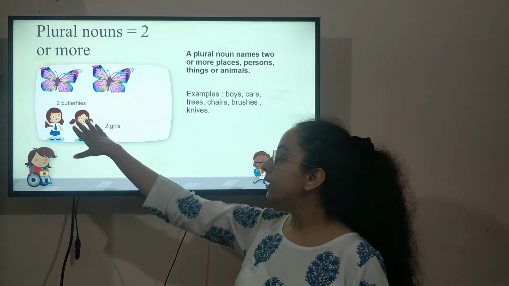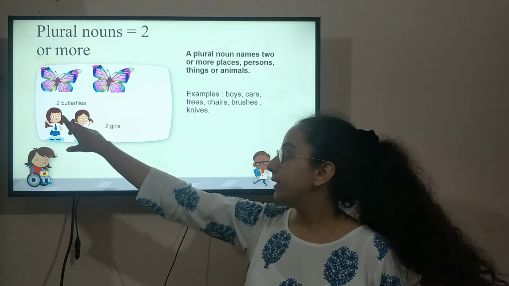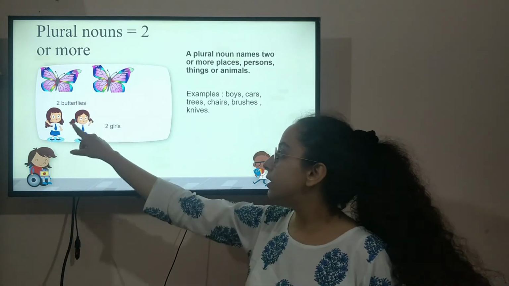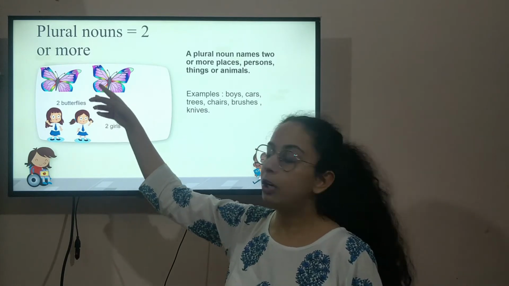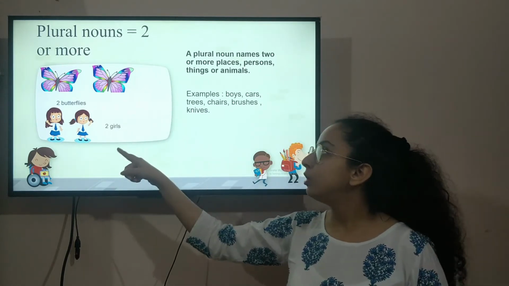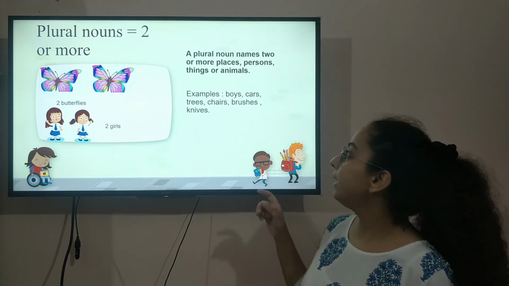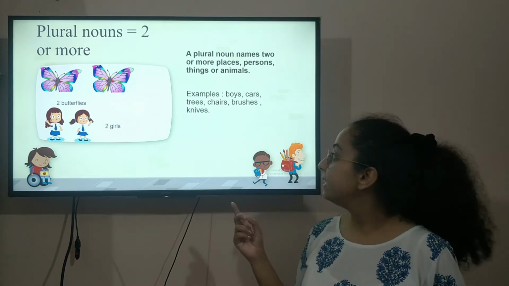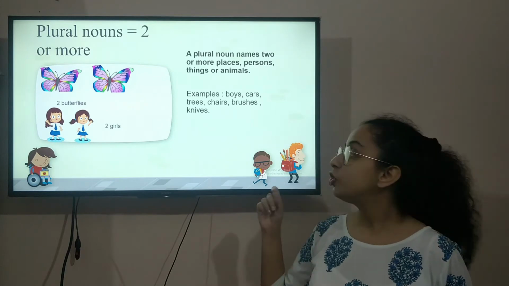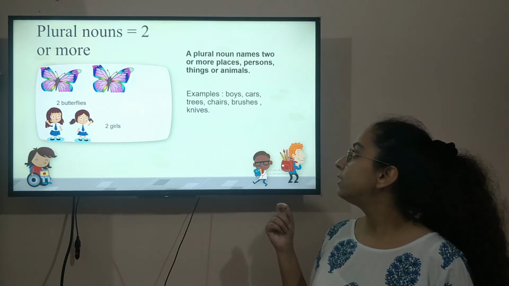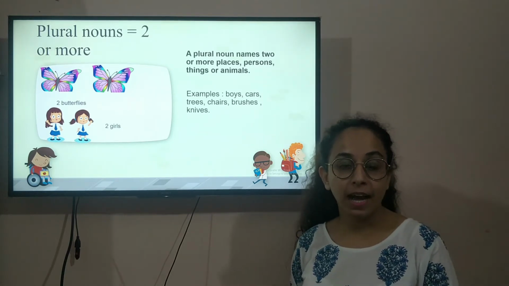Here there are two butterflies, more than one, so it is a plural noun. Two girls, this will again be called a plural noun. Examples: boys, cars, trees, chairs, brushes, knives.